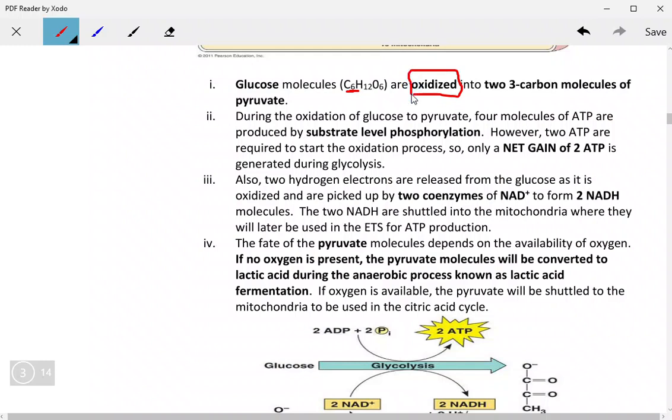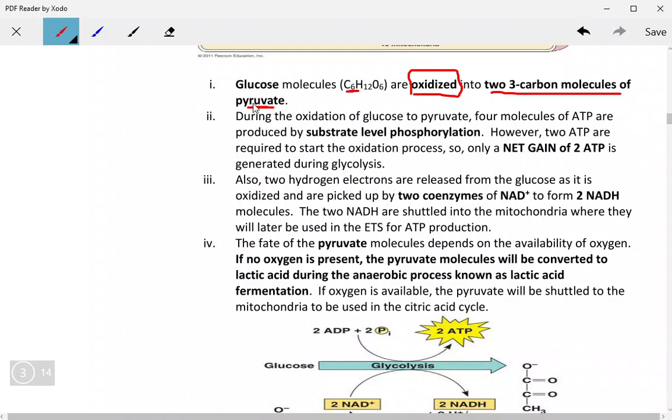It's going to lose some hydrogen electrons in the process. But it is going to be broken down into two 3-carbon molecules of pyruvate. So pyruvate is a 3-carbon molecule. So from one glucose molecule, I'm going to get 2 molecules of pyruvate.